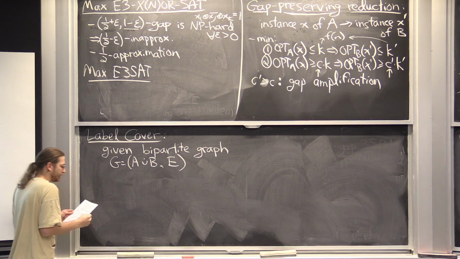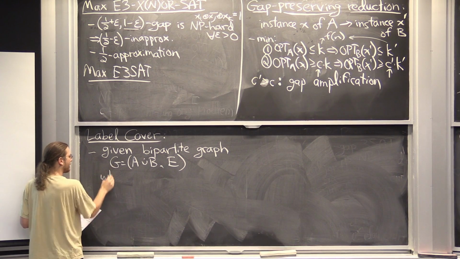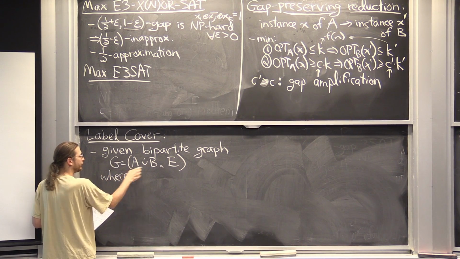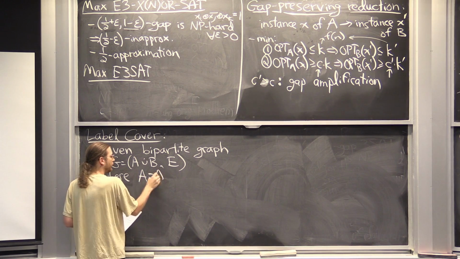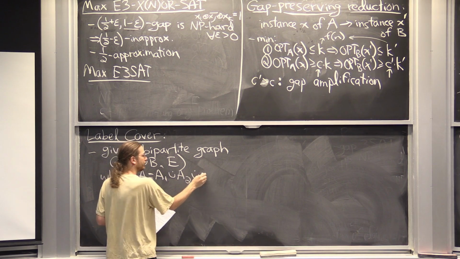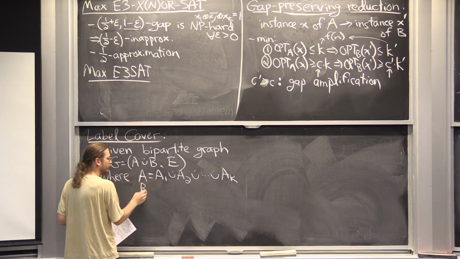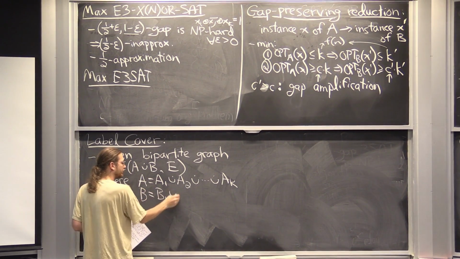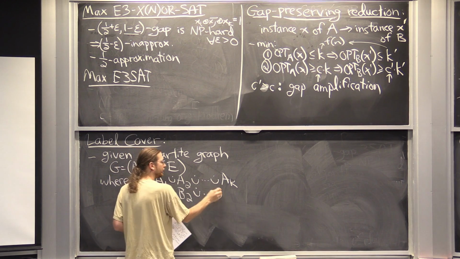So you're given a bipartite graph, no weights. The bipartition is A, B. And furthermore, A can be divided into k chunks, and so can B. Again, these are disjoint unions.